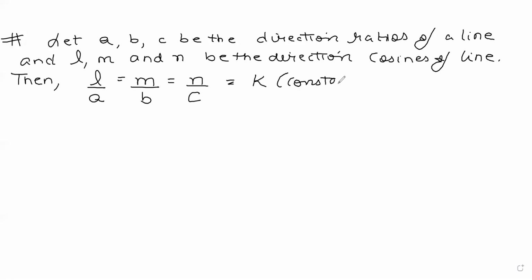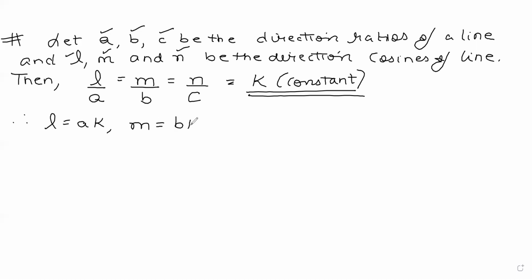Because a few minutes back we just said that the direction ratios are proportional to direction cosines. So we can say that L upon A is equal to M upon B is equal to N upon C, and let all these three be equal to some constant K. Therefore L is equal to AK, M is equal to BK, and N is equal to CK.